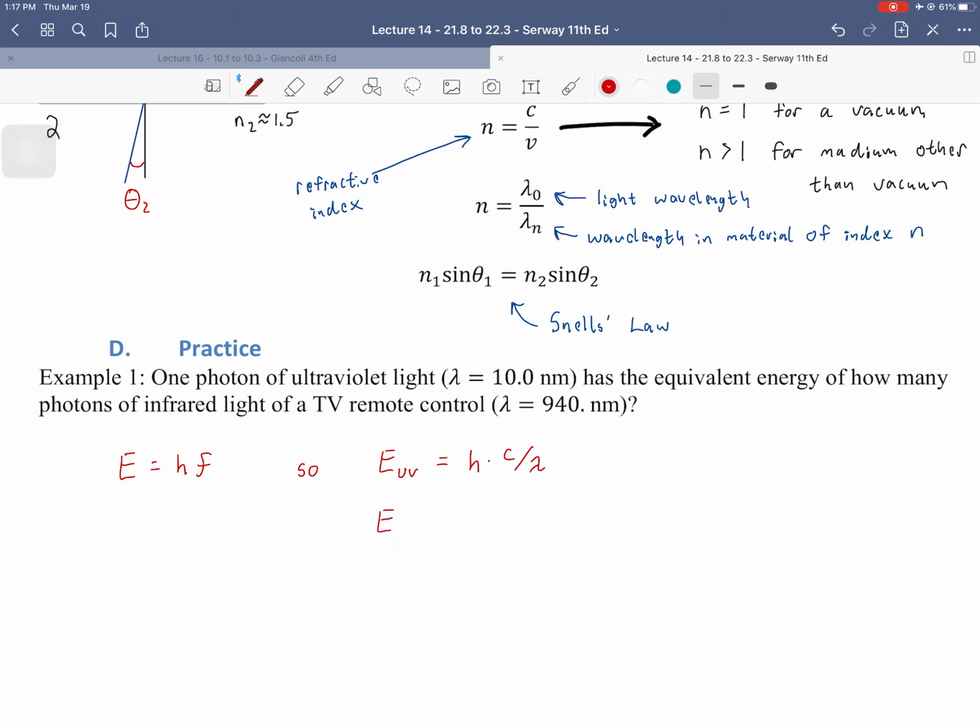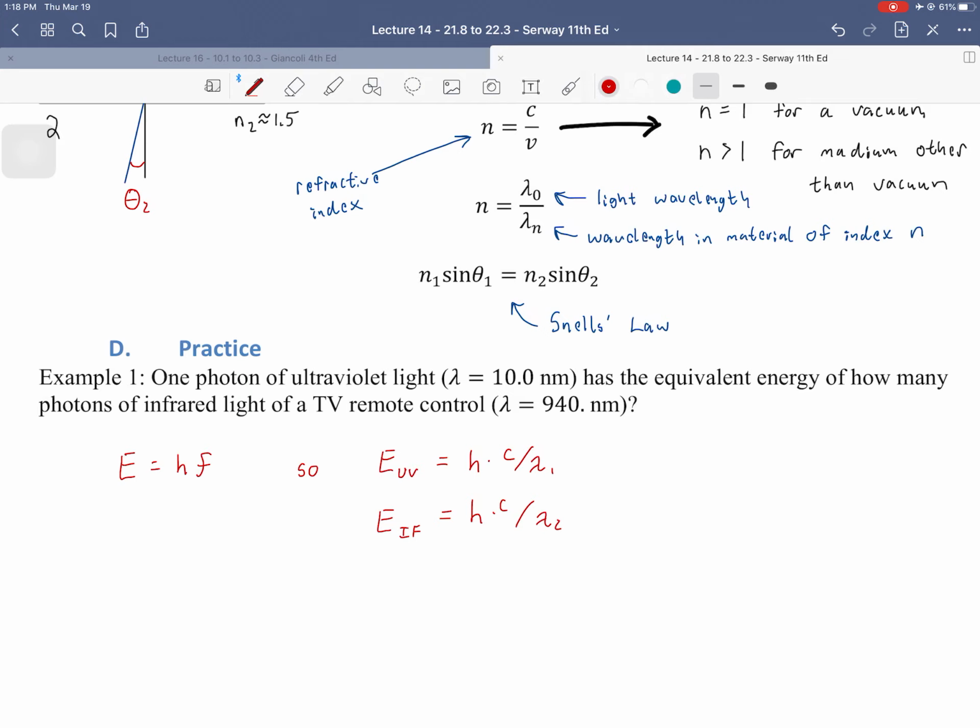Meanwhile, the energy of the infrared light, so IF for infrared, is then going to be h also, and this will be c over lambda 2. I'll make this one lambda 1.